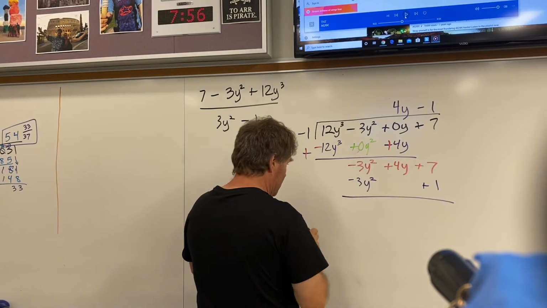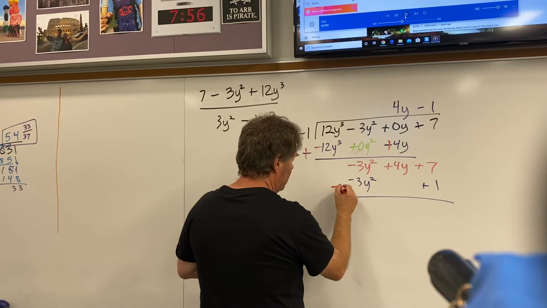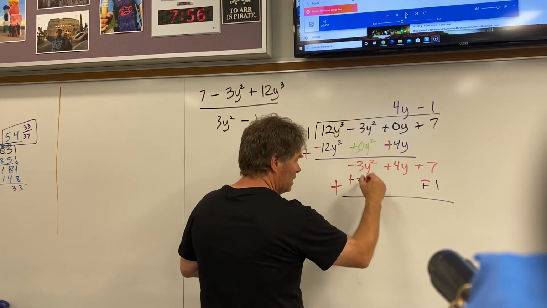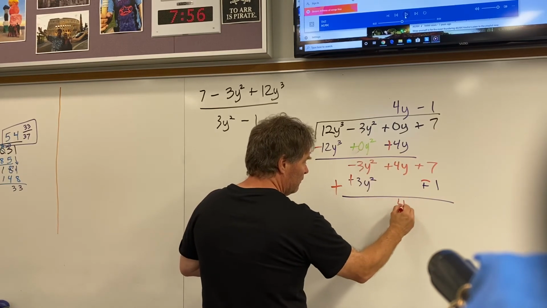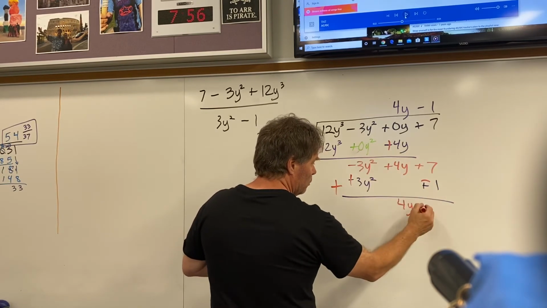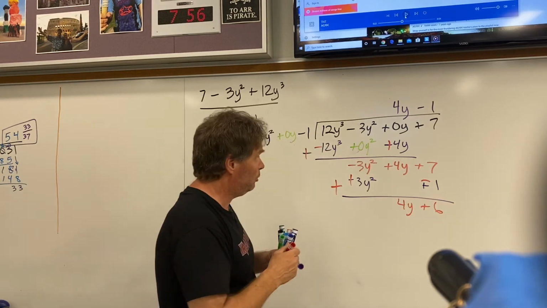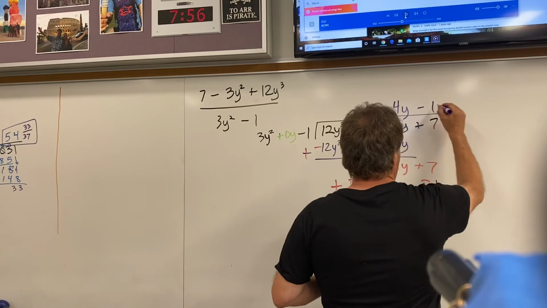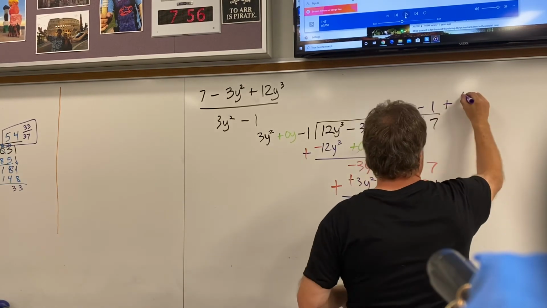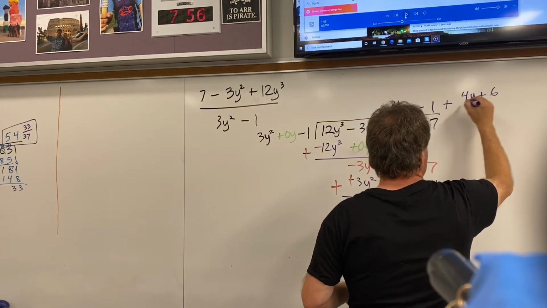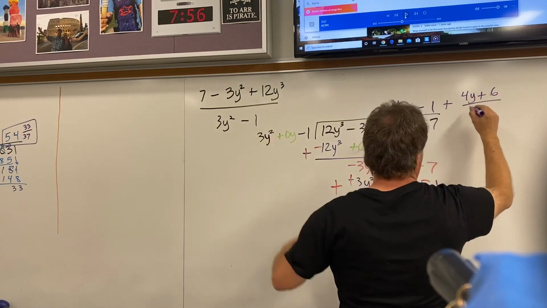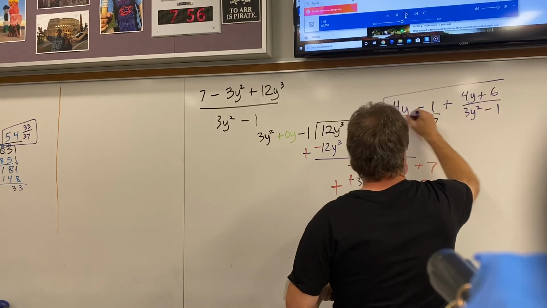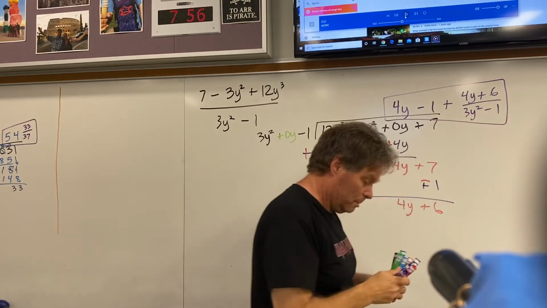Okay, so now I'm at my point where I subtract, but I'm going to make it add the opposite. So make it plus, minus. This is nothing. 4y and nothing is 4y. 7 and negative 1 is 6. You get 4y plus 6. That is the remainder. So the answer is going to be this guy plus this guy, 4y plus 6 over 3y squared minus 1. And that is the answer.